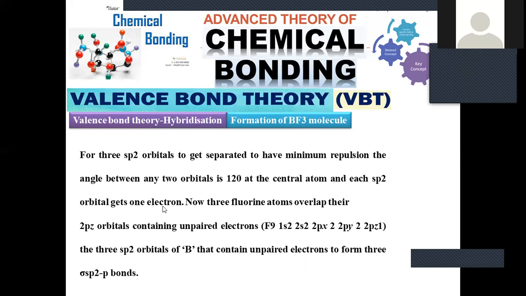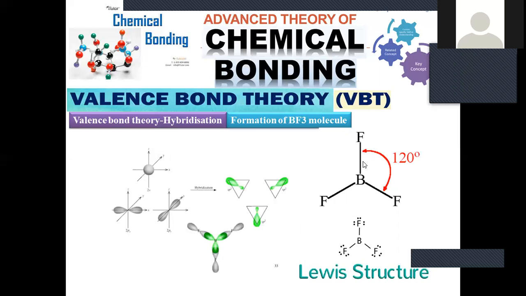The sp2 hybrid orbitals, each acquiring 1 electron in each lobe, will participate in the sharing of electrons with the fluorine atoms. 3 individual fluorine atoms are contributing 1 electron each, so that trigonal planar geometry is afforded for the entire molecule. This is the bond formation of sigma sp2-p between boron and fluorine, a trigonal planar geometry.